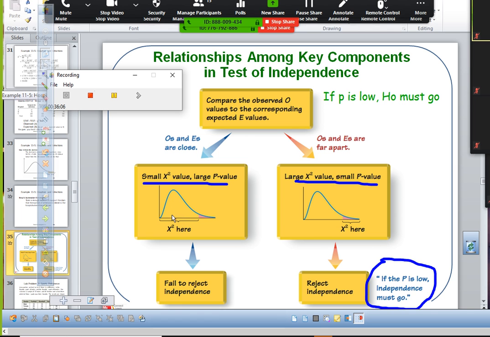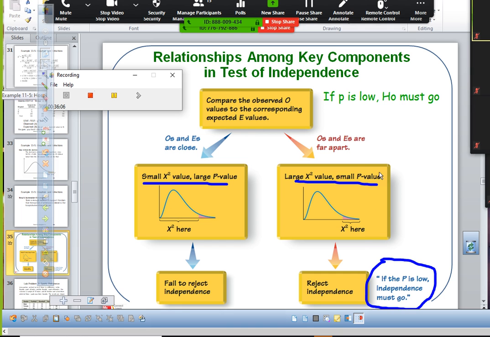P-values go the opposite way, because remember, the p-value is a probability. When my chi-squared is small, it's very likely I have a large p-value. When my chi-squared is really big, way out there, then it's very unlikely, so my p-value is going to be very, very small.